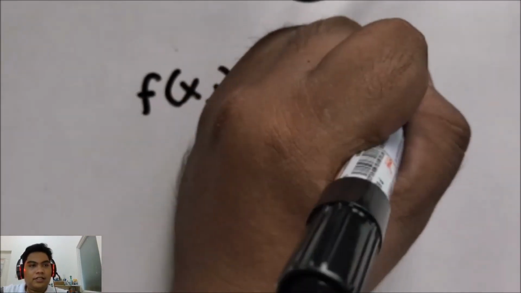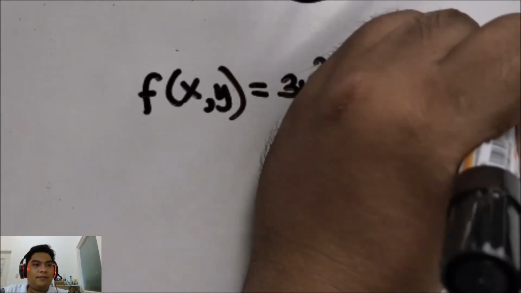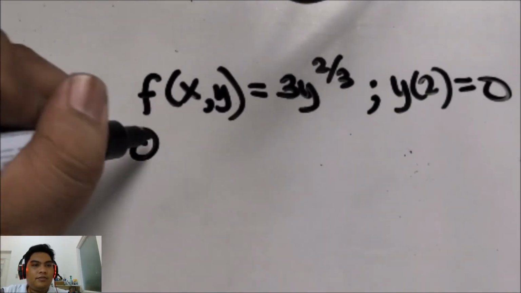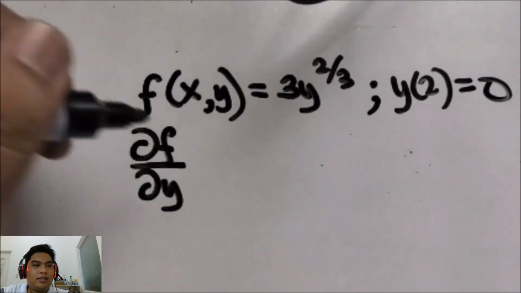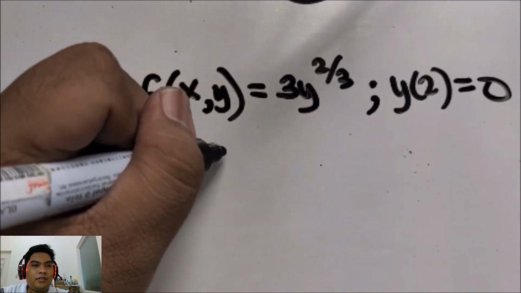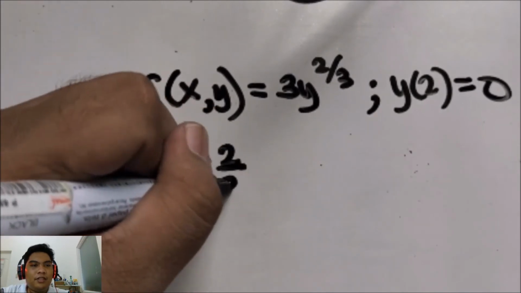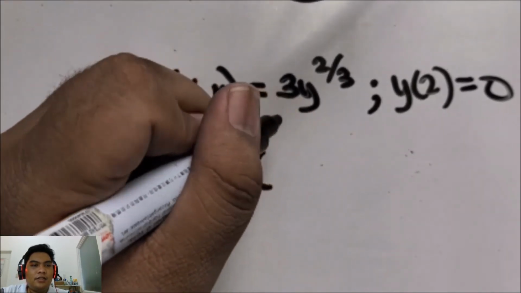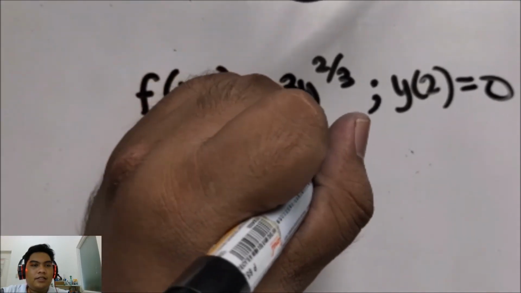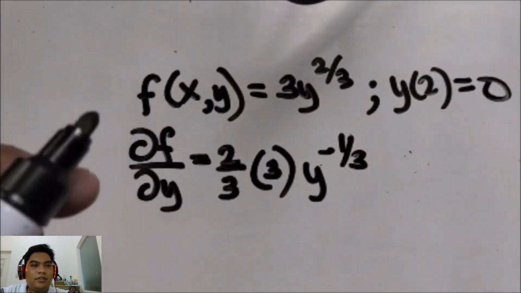Okay, so here is our solution to example 9. We have f of x and y equal to 3y raised to 2 thirds. So we get the partial derivative of f with respect to y. By power rule, we have 2 thirds times the coefficient 3, so y raised to negative 1 third.